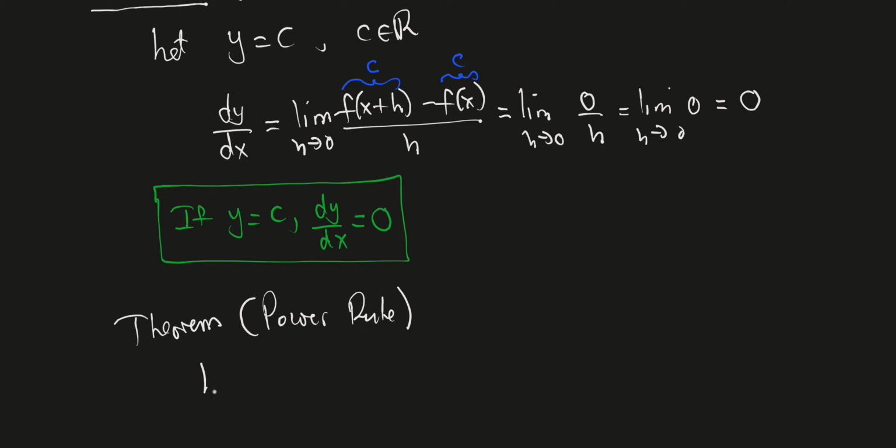But let's look at this type of function. Now, what do we mean by power? Well, going back to algebra, a power function is where your x is raised to a constant power, right? So n is some real number. Usually, I mean, it could be 0. If n is equal to 0, then this function would end up being just a constant. So it would simplify to this, which we already know how to differentiate, right?